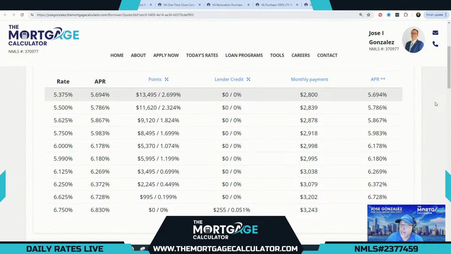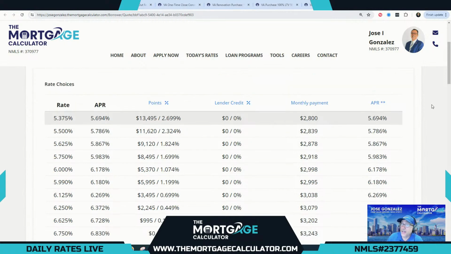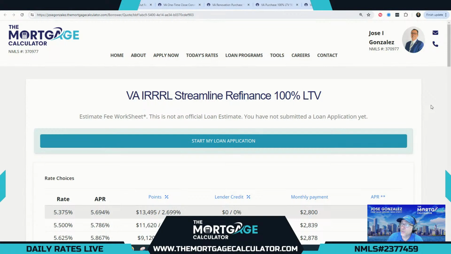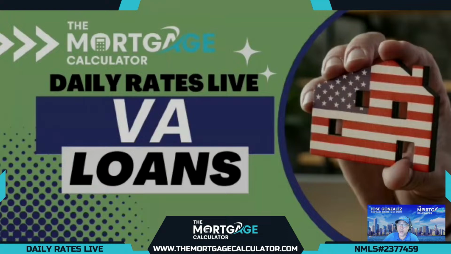But it is a rate and term option only, no cash out on this one. 6.75 actually has a lender credit of 0.051, and you can buy that down all the way to 5.375 for your Streamline, no income verification, no credit verification, and no appraisal refinance. However, the catch is you must be refinancing an existing VA loan into this VA loan. So definitely look to the Mortgage Calculator for all your VA loan needs.